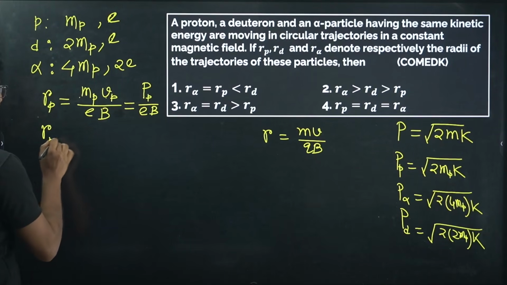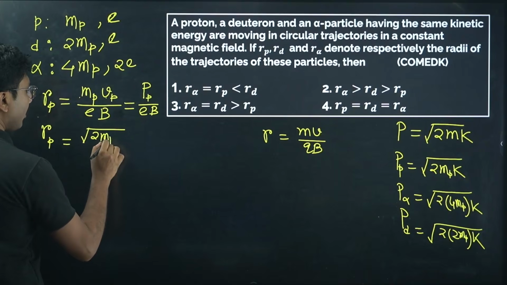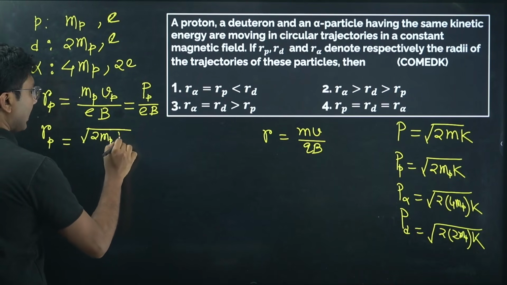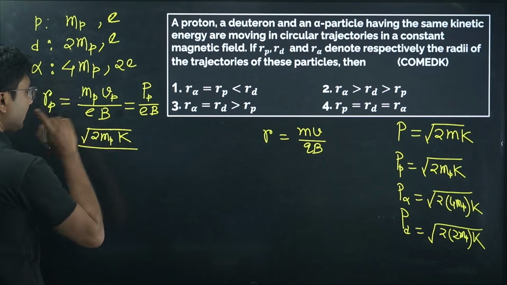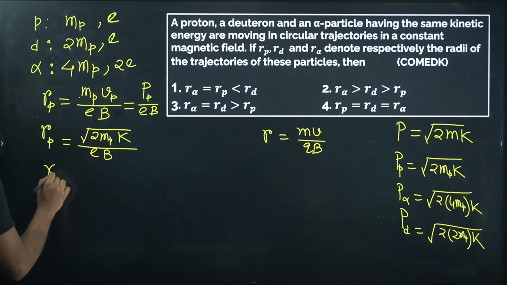So Rp is given by square root of 2 mass of proton into kinetic energy, kinetic energy is constant for everything, magnetic field is constant, so divided by e B. What about deuteron?